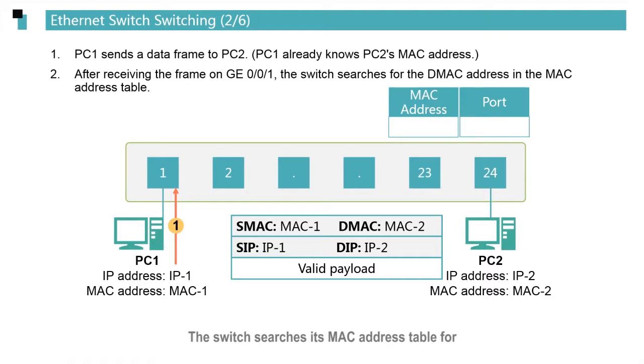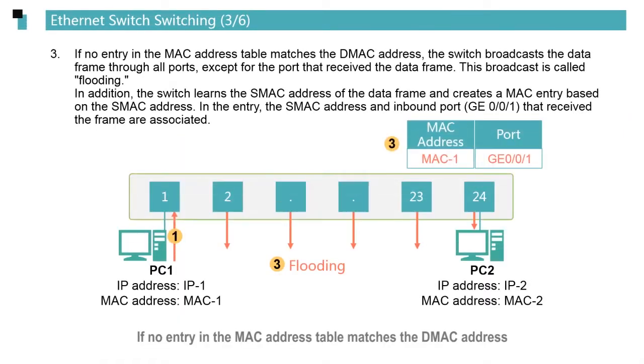The switch searches its MAC address table for the DMAC address of the frame. If no entry in the MAC address table matches the DMAC address, the switch broadcasts the data frame through all ports except for the port that received the data frame. This broadcast is called flooding.